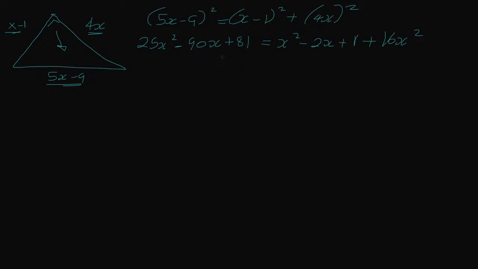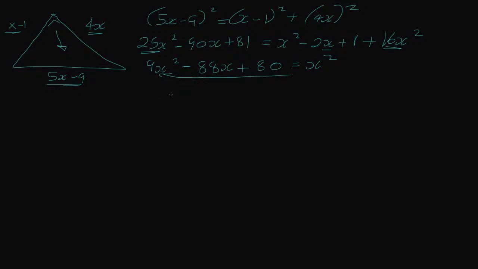Okay, so if we move 16x squared over to the left side, we'd get 9x squared. If we move the minus 2x over to the other side, we'd get minus 88x. And if we move the plus 1 over to the other side, that'll give us minus 1, so that'll be plus 80 equal to x squared, and we'll move the x squared over to the other side as well.